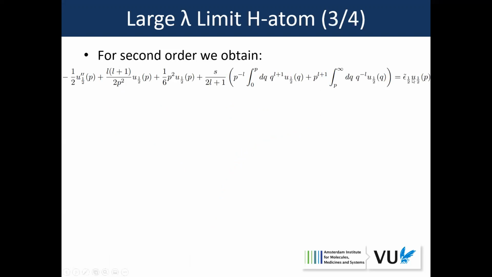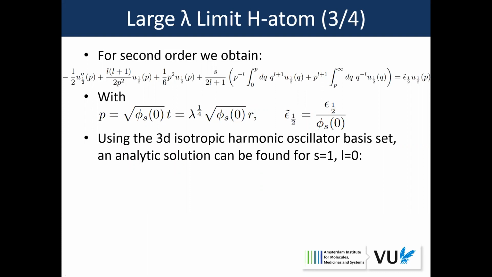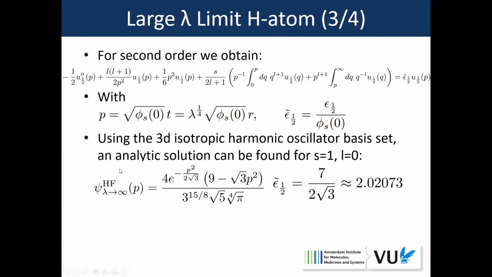It looks again a bit ugly, but it has the same terms as always: the kinetic energy, the J and the K. If you use these scaled coordinates, this P, which now also contains the square root of the Hartree-Fock orbitals at 0, and use this scaled energy, and use the 3D isotropic harmonic oscillator basis set to solve this equation, by using a basis expansion we can find an analytical solution, which looks like this, and which contains the first excited state and the ground state of this basis set expansion. So it's just a combination of two states with this analytic energy.